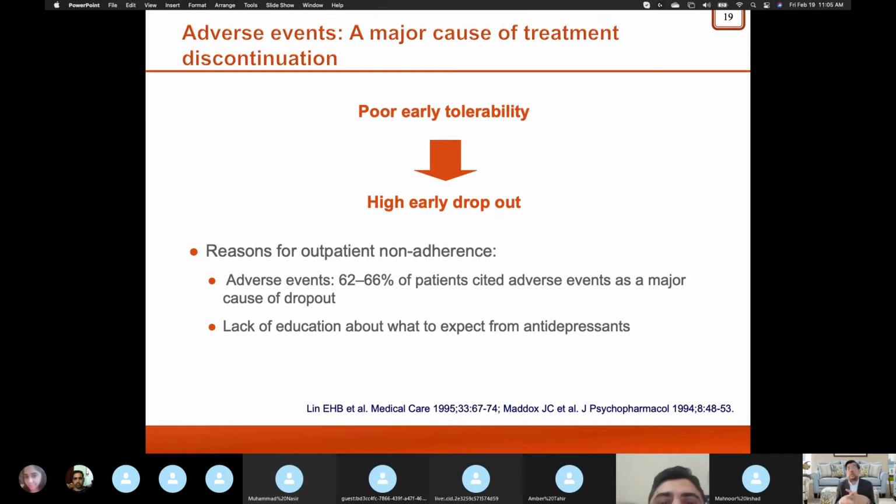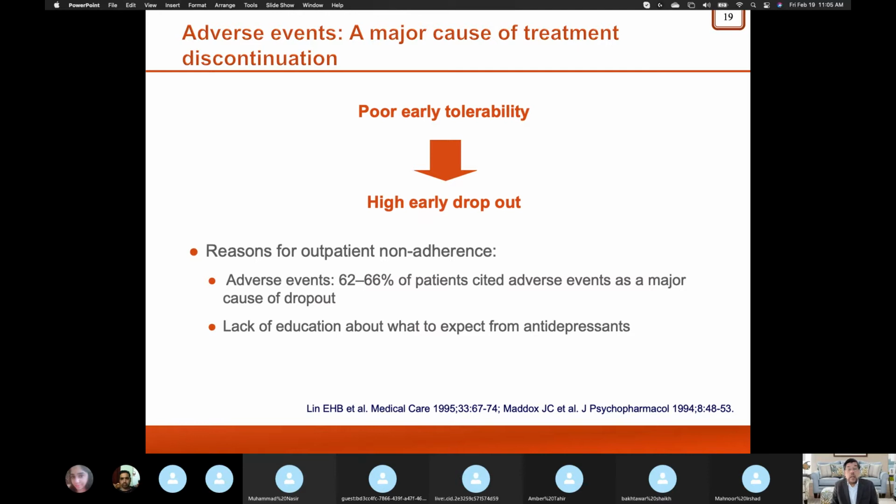Lack of education about what to expect from antidepressants. I have prescribed an antidepressant, now the patient feels okay, and I feel that there is no need to explain that there are side effects with these drugs. If I explain it to the patient, then the patient probably won't start taking them because there are so many side effects. And I always quote, have you read the side effects of paracetamol on the internet?